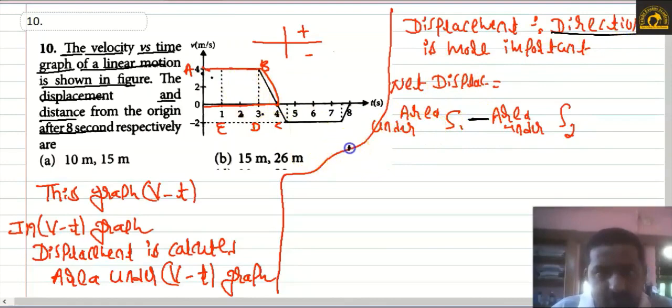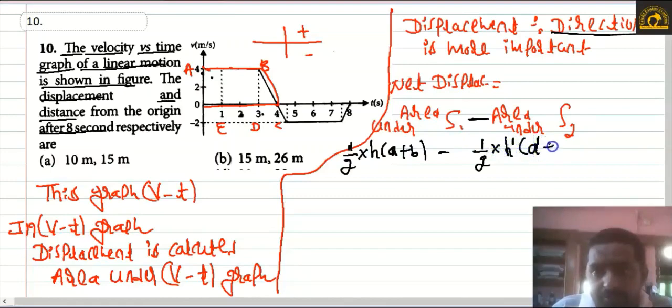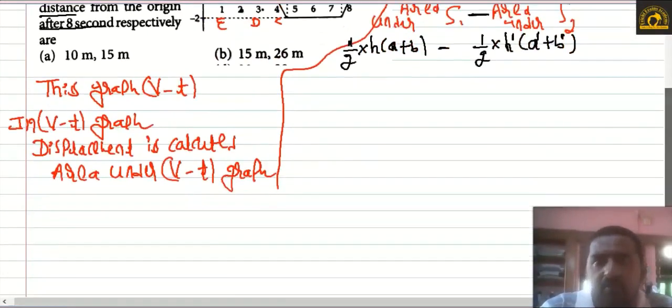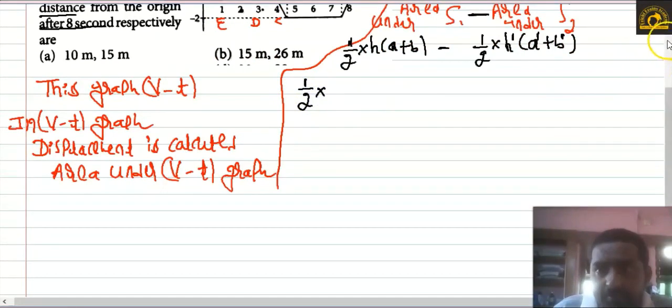The area under the first one uses the trapezium formula: half into height into (a plus b), minus half into h dash into (a dash plus b dash). Now the first one is half into height.